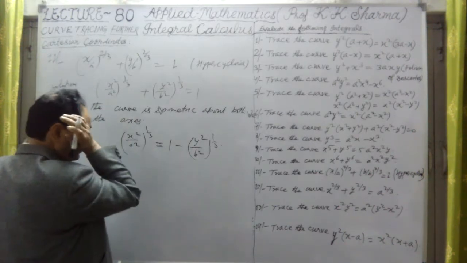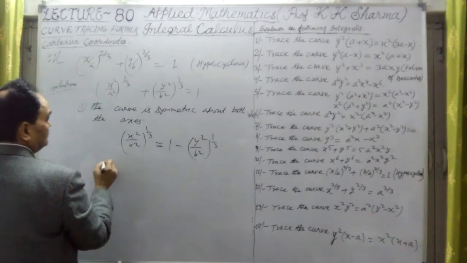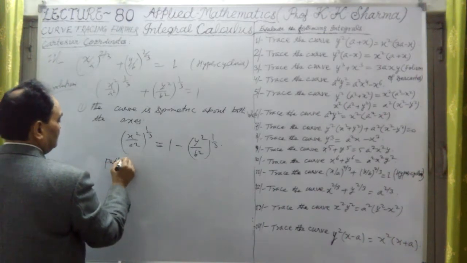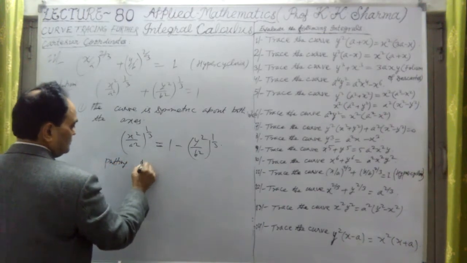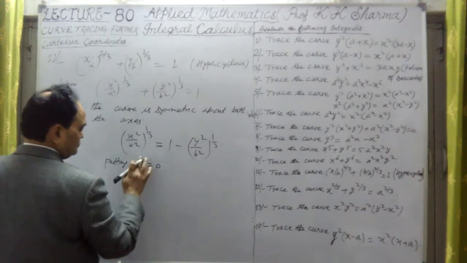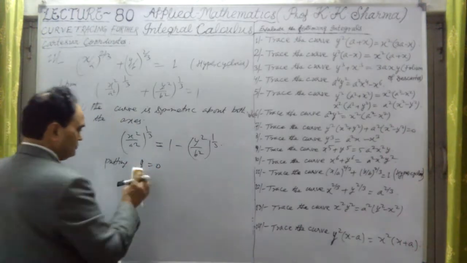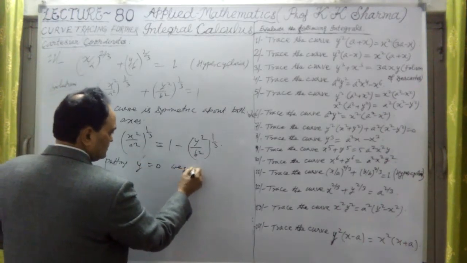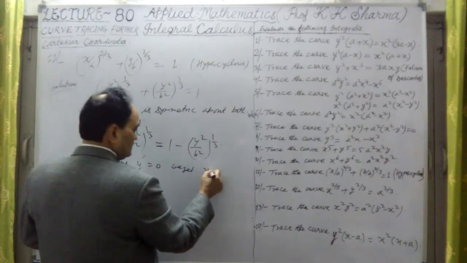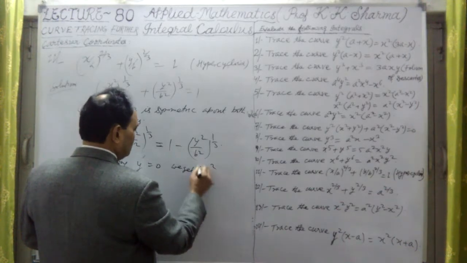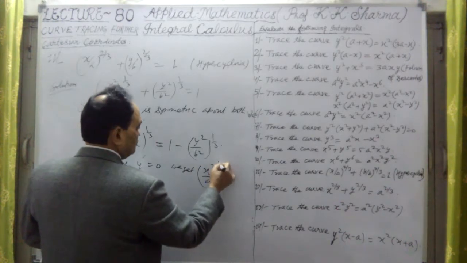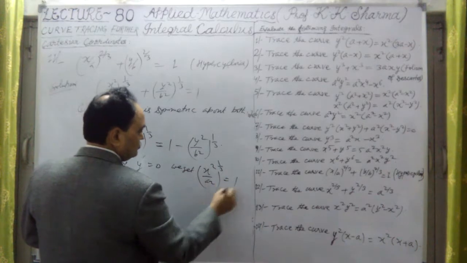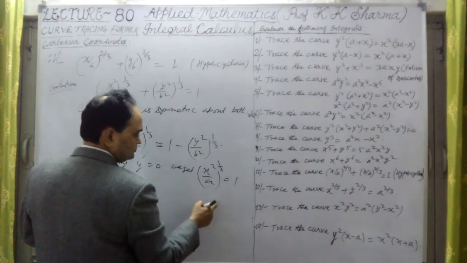Or if I put y equal to 0, putting y equal to 0, we get (x²/a²)^(1/3) equal to 1, so the y term is 0.